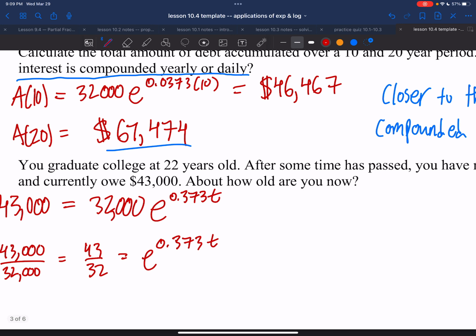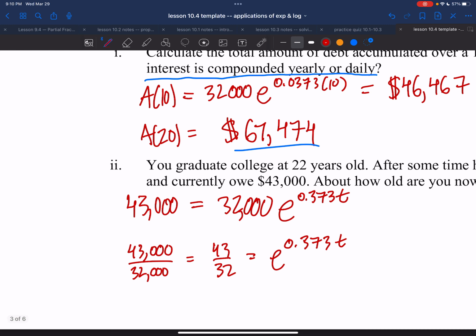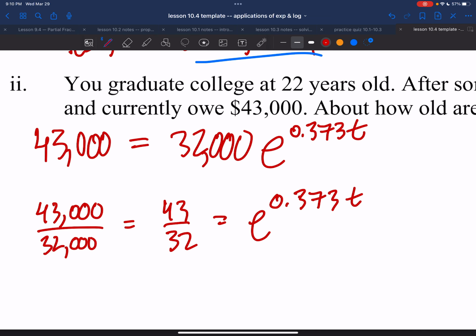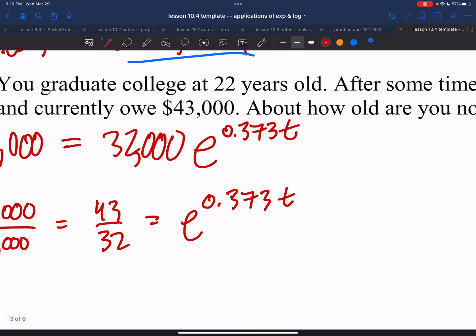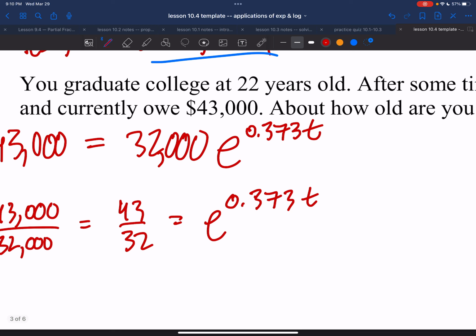And if you take this, well, actually, I guess you don't even have to take the log of both sides, although I might. I don't care how you do it. You can convert to log from here because we have base e isolated, or you can take the log of both sides. Let's just convert, right? I'll draw this in blue. Convert to log.